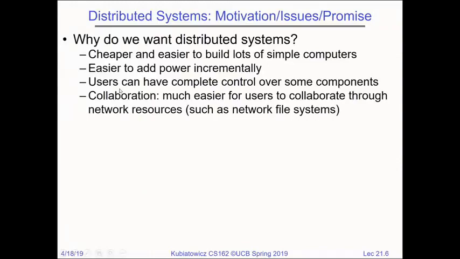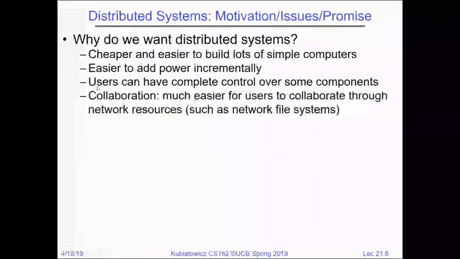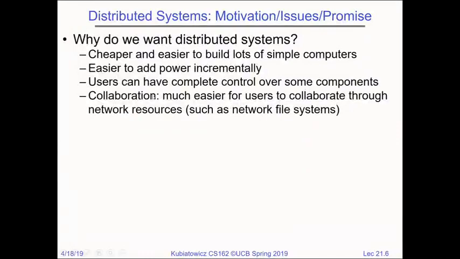The other interesting thing here is that if this is a network formed by, say, all of your classmates together, and together you're providing some service, you can contribute to the service but still retain full control over your piece of the hardware. There's something appealing about that, okay? The other thing is collaboration is typically much easier for users in a system which is distributed by its nature, where the network is just another part of the system.